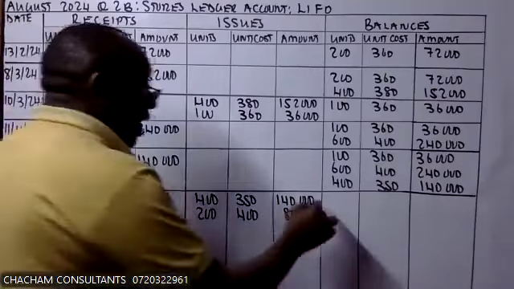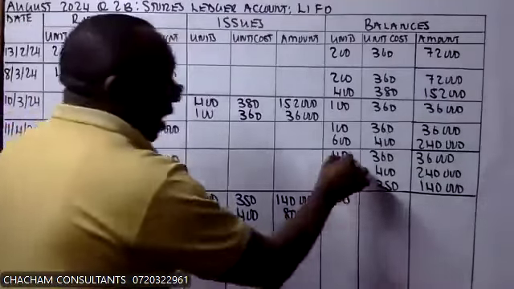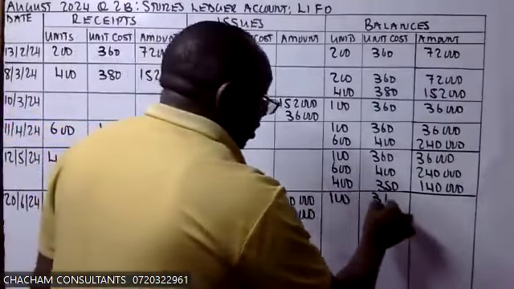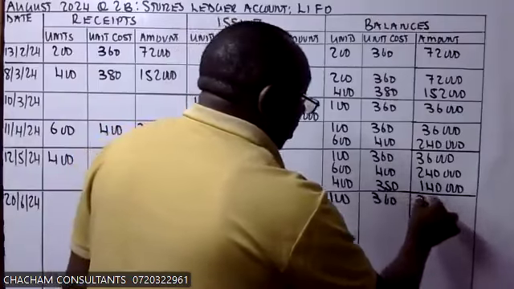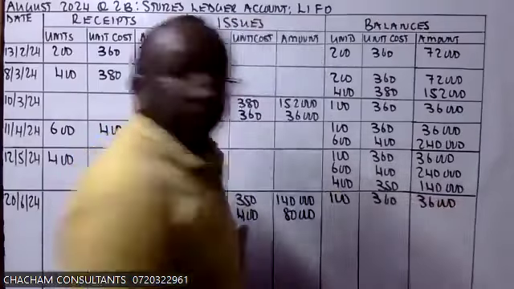Then with that now unafunga na hii, this 100 haijatoka at 360, that is 6,000.